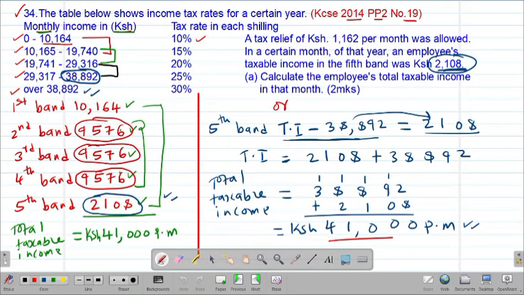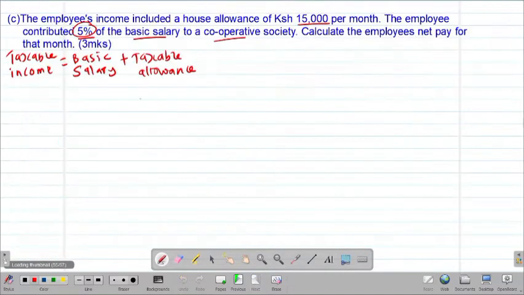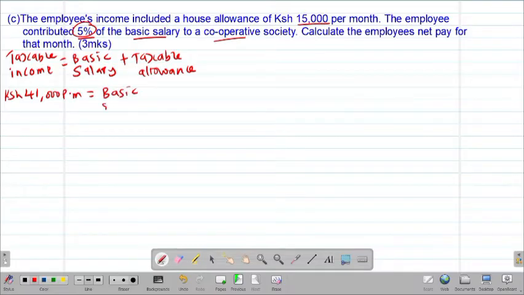So our taxable income was 41,000 Kenya shillings per month. So this is 41,000 Kenya shillings per month, which should give us the basic salary, plus the taxable allowance given, which is only the house allowance, which is Kenya shillings 15,000 per month.